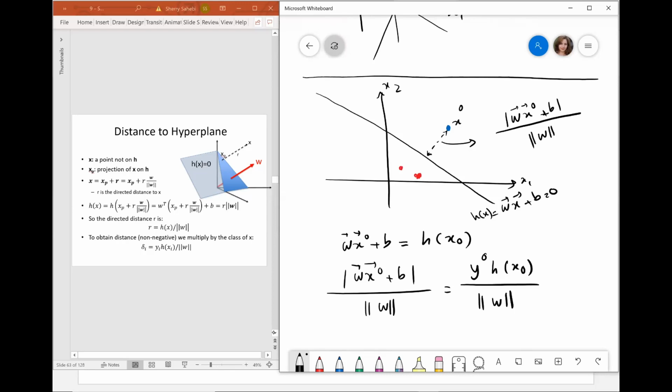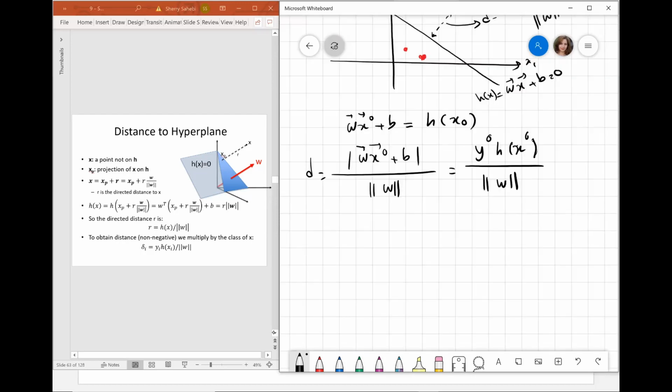And that is going to be equal to the distance that x0 has with our separating line.